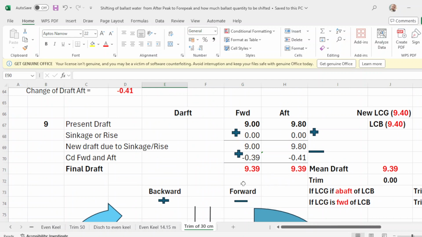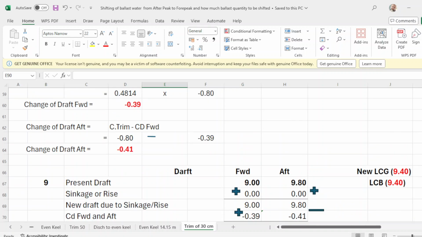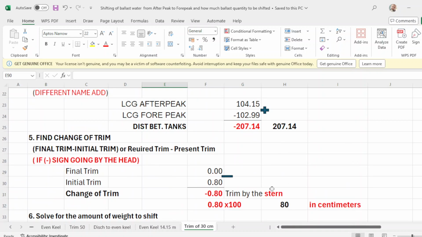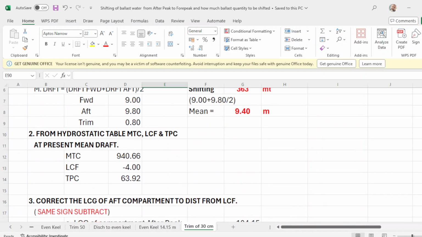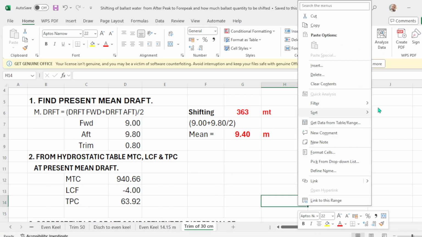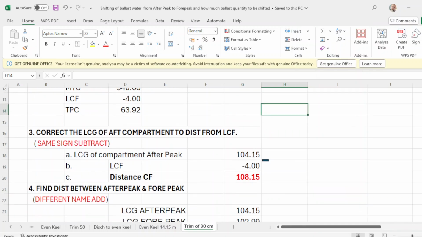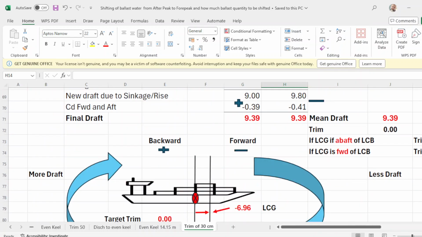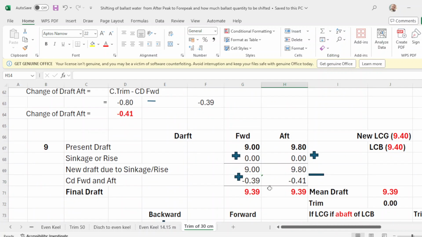Anyway, 1 centimeter is nothing. So it depends on how you want to use your drop, 9.39 or 9.40, but because we can prove it by computation, we will use this drop.